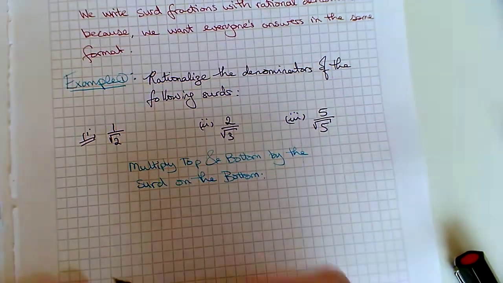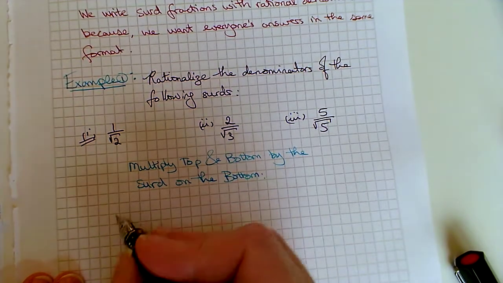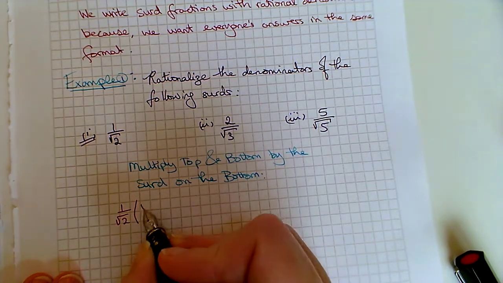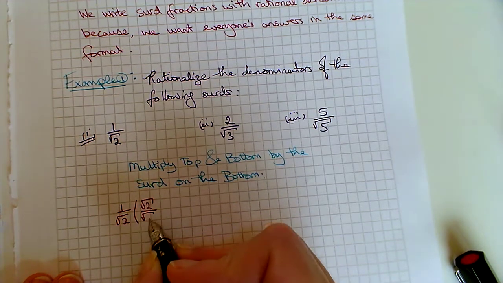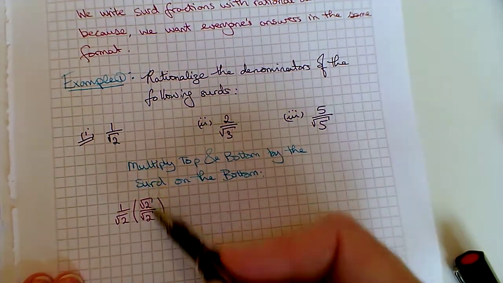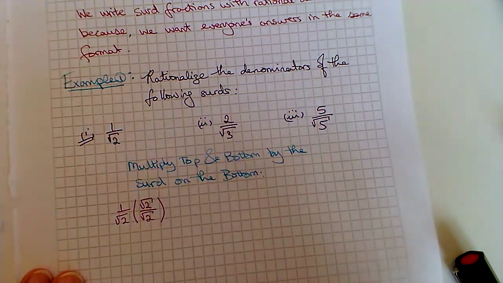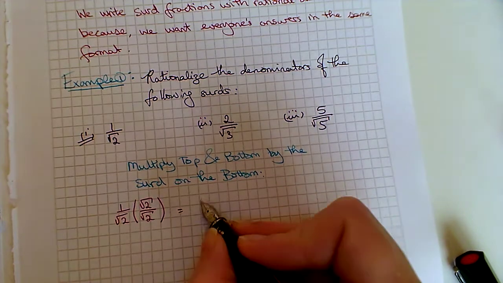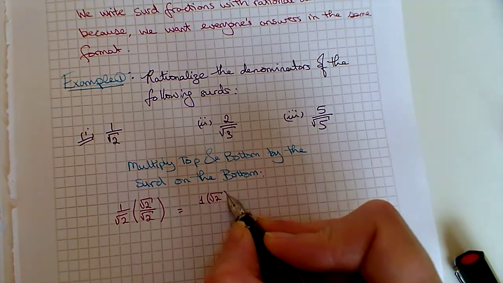So if we look at the first one, I've got 1 over the square root of 2, and I'm going to multiply by the square root of 2 over the square root of 2. And the reason I can do that is because this is just 1. Anything over itself is just 1. And when you multiply by 1, you don't change the value. So that's going to give me 1 times the square root of 2 on top.